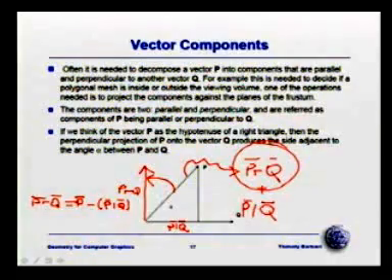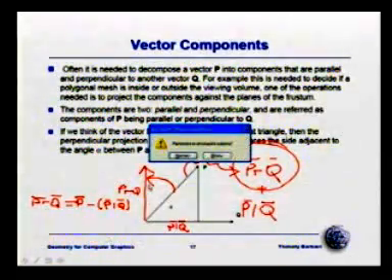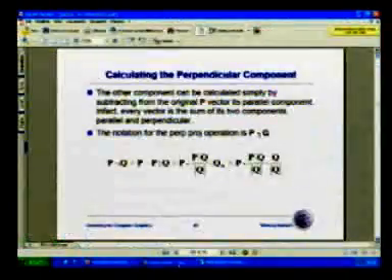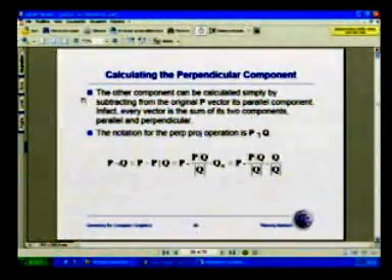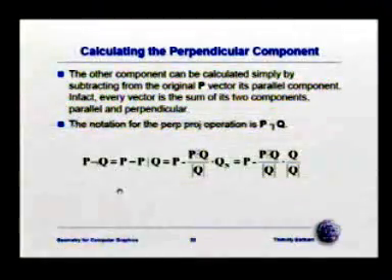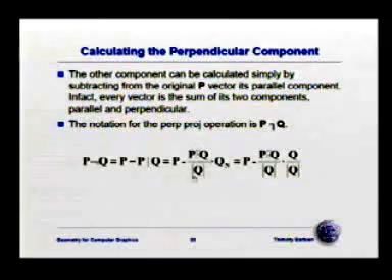So that's the trick. And this is how it is done. P minus P parallel Q, but P parallel Q is P scalar Q over the norm of Q multiplied by the normalized Q. Subtract all this from P, reshuffle a little bit, and this is the result.